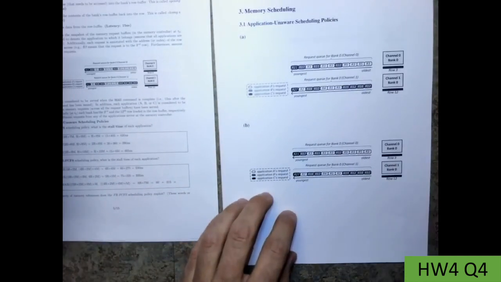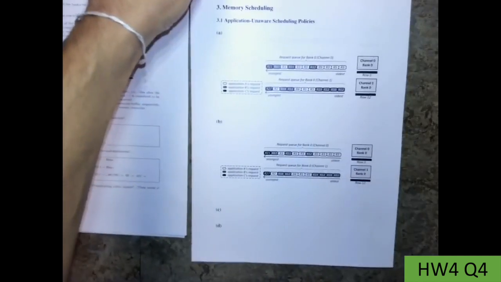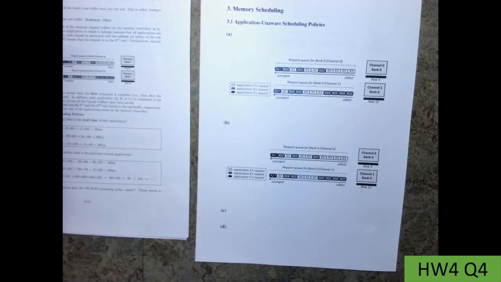It's FRFCFS. So let's first take a look at question A in 3.1. It says, using first come, first serve scheduling policy, what's the stall time of each application?